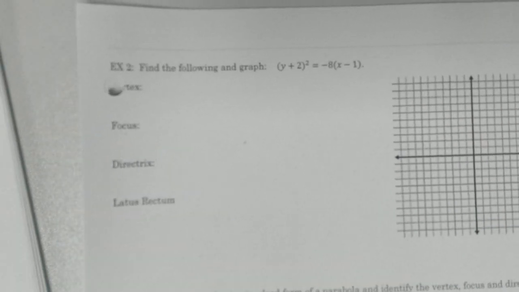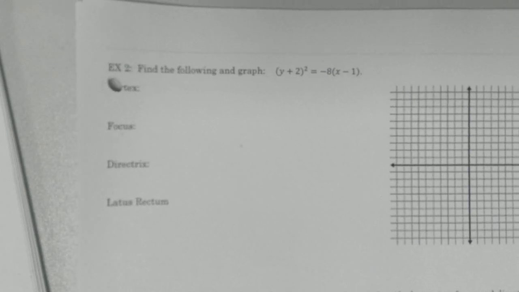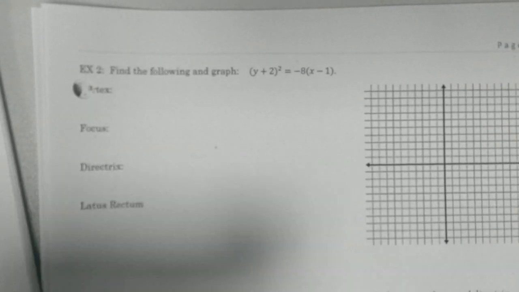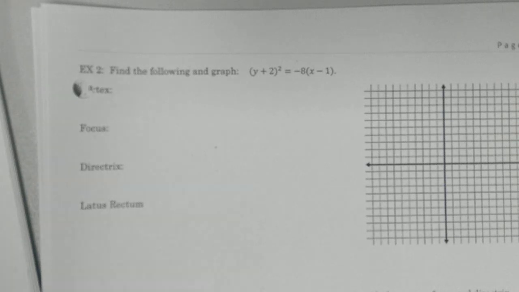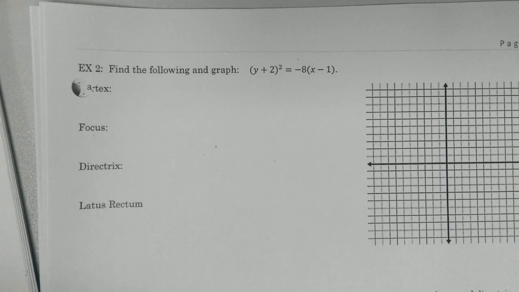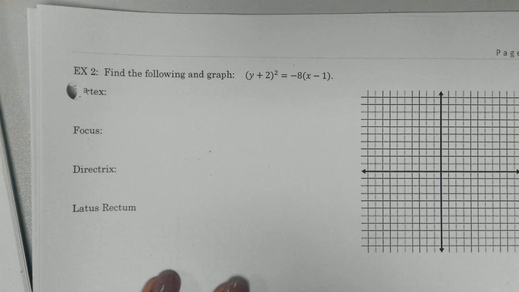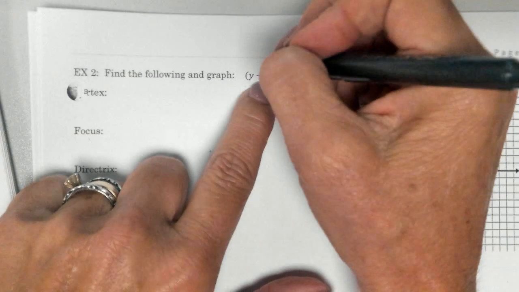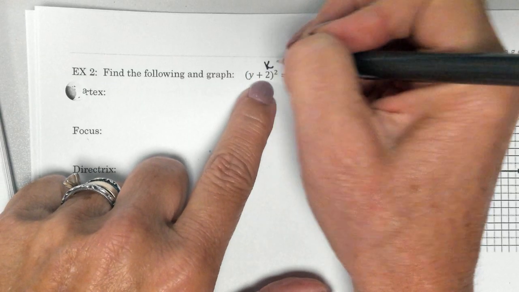Example 2. You are given the equation in standard form. Now, I want you to pay attention to what is squared. The y. So this is going to be horizontal. Because the y is squared, be very careful. This is your k value, right?